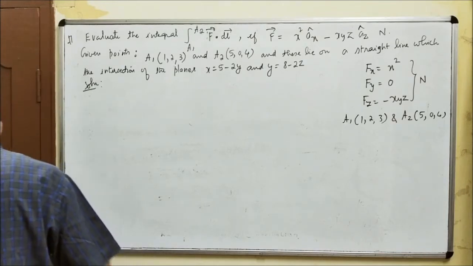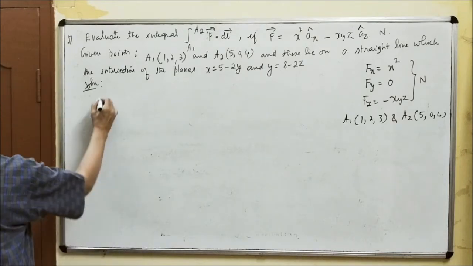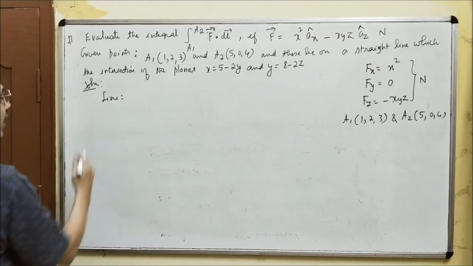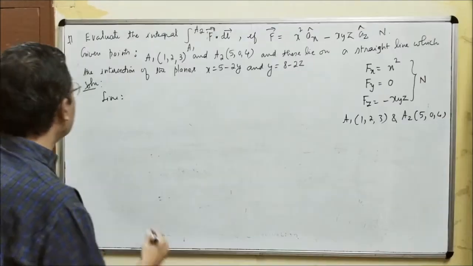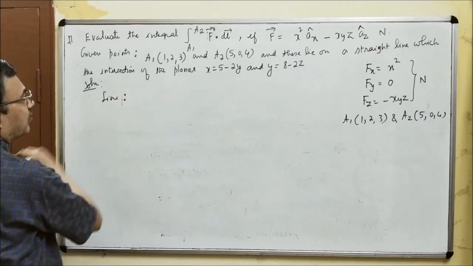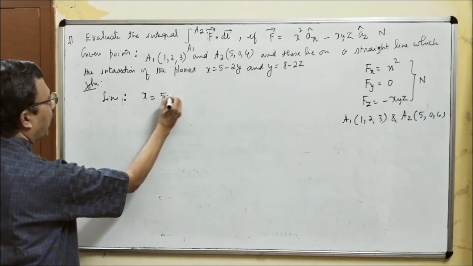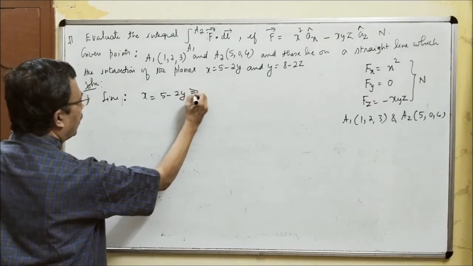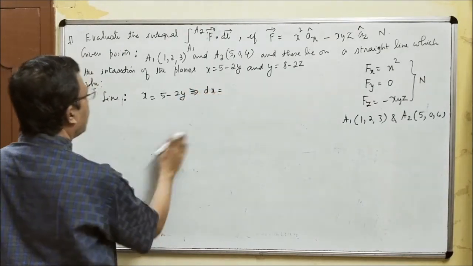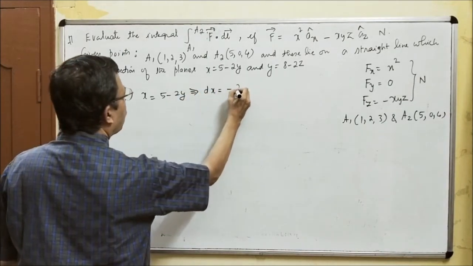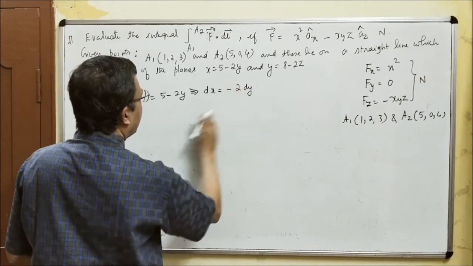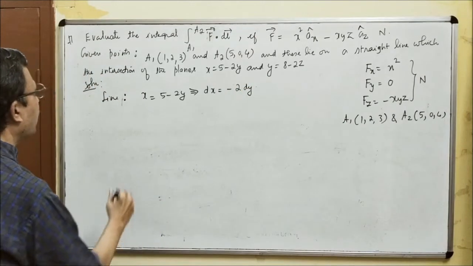About the lines, we have been given the following. The line is produced by the intersection of these two planes. So about the line, I'll get certain calculations done. x is equal to 5 minus 2y. This implies dx is equal to minus 2 times dy.